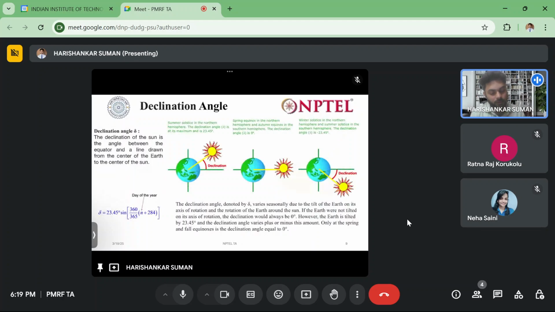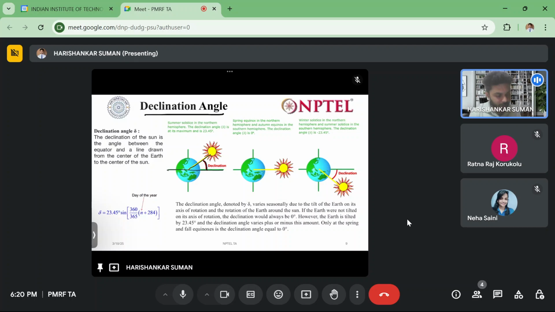Next, as we have already discussed in assignment one, the declination angle. The declination angle of the sun is the angle between the equator and the line drawn from the center of the earth to the sun.